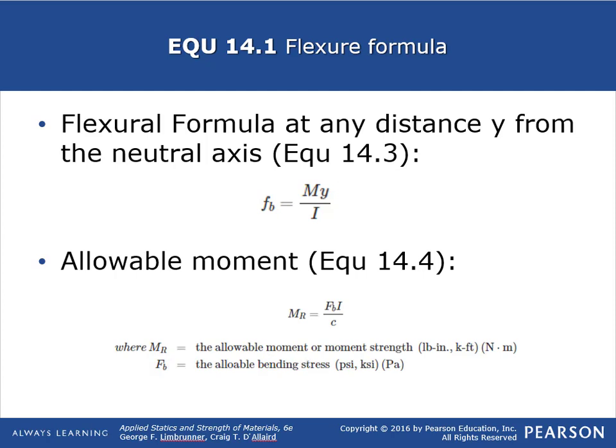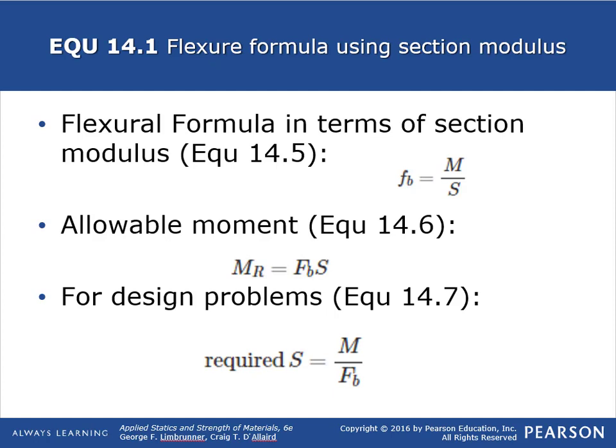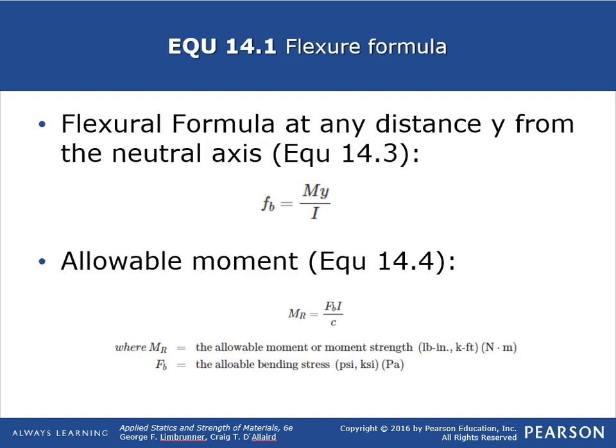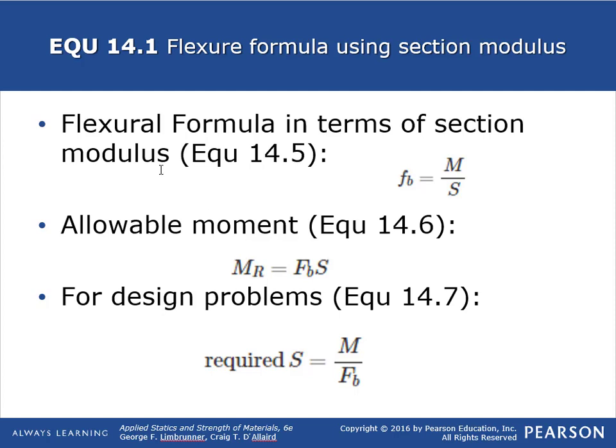Now, in some cases, it's nice to put the flexural formula in terms of the section modulus. Remember, section modulus is I over C. So the flexural formula in terms of section modulus is good for design problems.